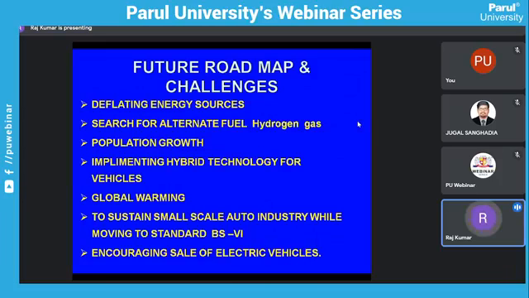Now there are government steps. The government has taken various steps. They recently announced a policy through our road transport ministry.